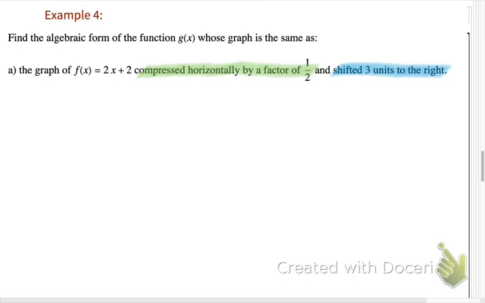So when I say compressing horizontally by a factor of 1/2, capital A actually has to be the reciprocal of that.